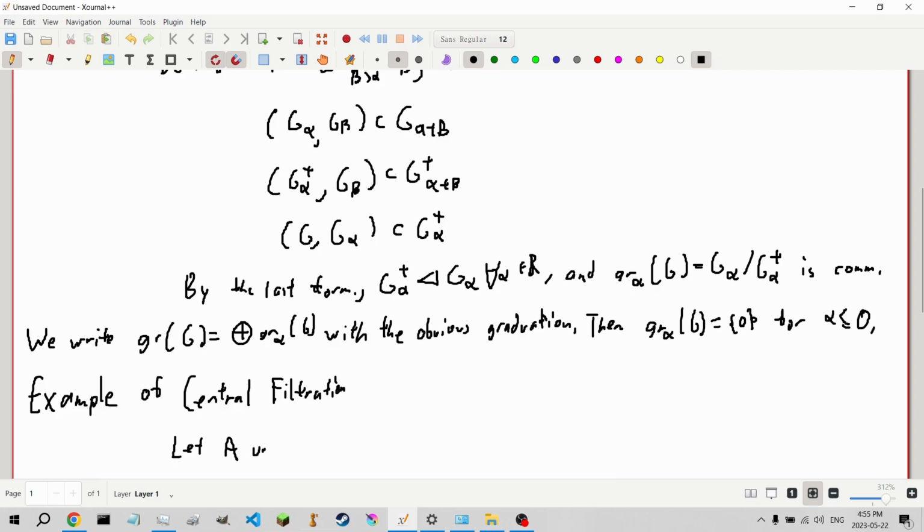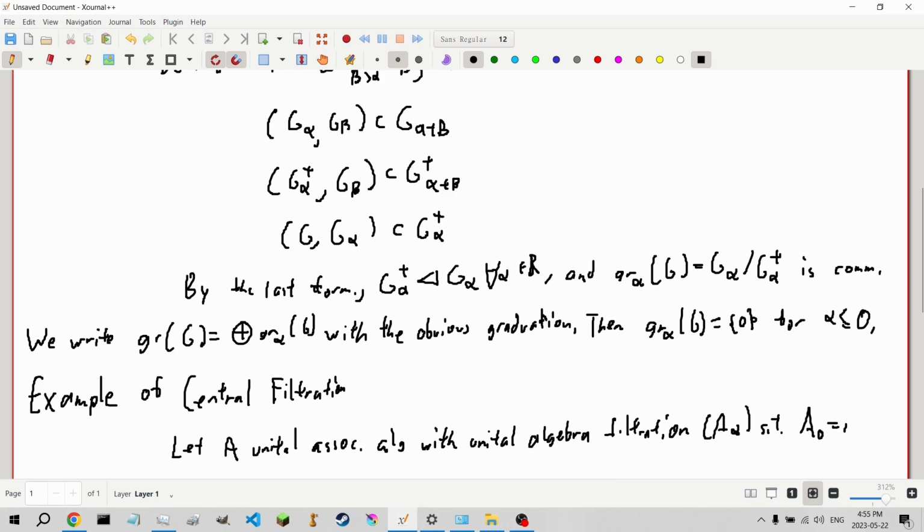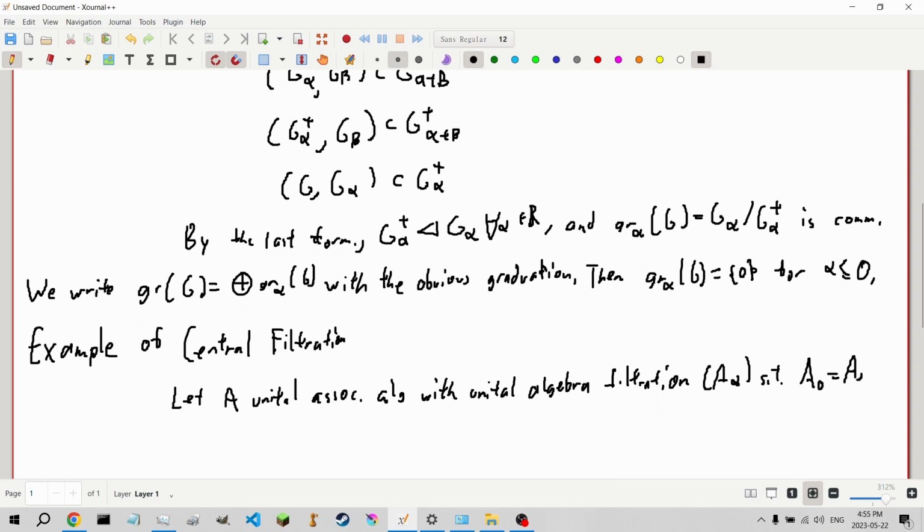Let A be a unital associative algebra with a unital algebra filtration A alpha such that A0 is A. Then A alpha is a two-sided ideal of A for all real alphas.